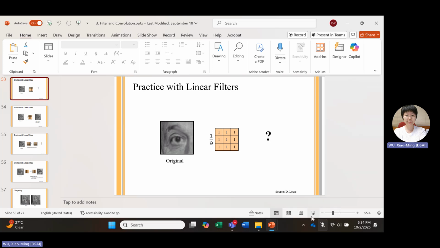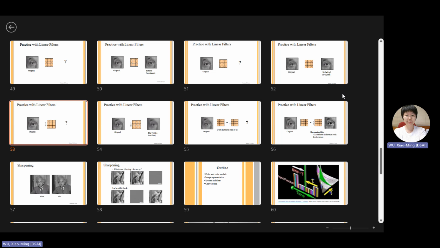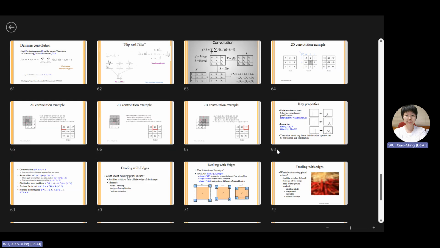In filter and convolution, one thing I would like to mention is that when you do convolution, you need to flip the filter before performing the calculations.